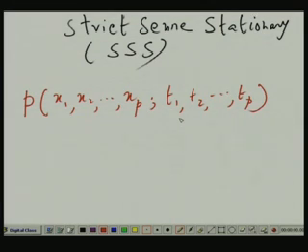Again here, it should not matter if I advance or delay all the points, if instead of t1 I call it t1 plus c, that is move the function x of t rightward or backward. That is, instead of observing this joint density between variables located at t1, t2 dot dot tp, if I give a constant shift to all of them, that is t1 plus c, t2 plus c dot dot dot tp plus c, I should have the same thing.